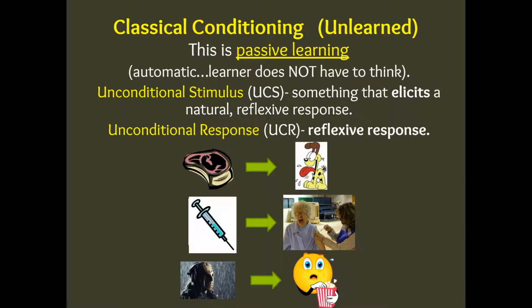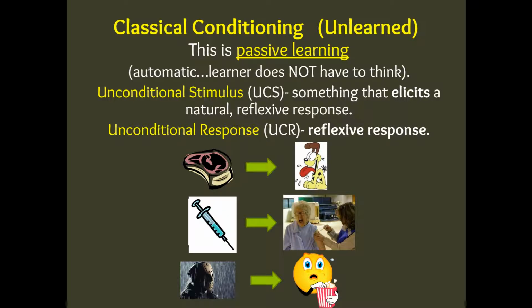So let's look at classical conditioning, right? This is unlearned stuff. This is passive learning. It's automatic. You don't have to think to do this. You do this all the time. Unconditioned stimuli are things that elicit natural reflexive responses. So food to a dog is an unconditioned stimulus, and the dog's unconditioned response, of course, is to salivate.